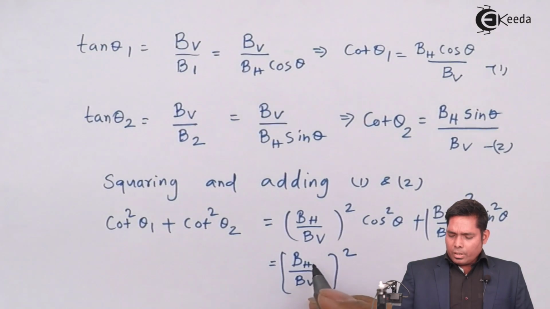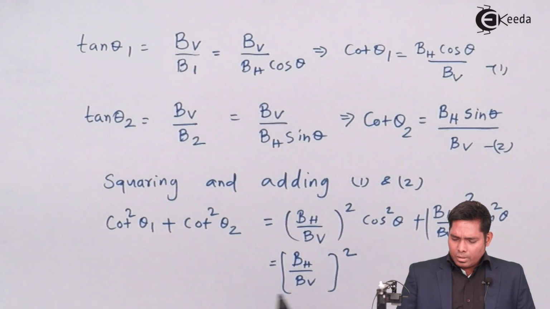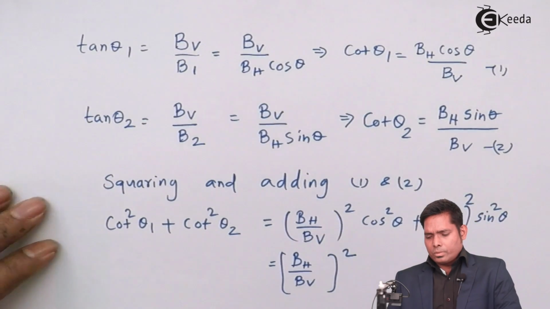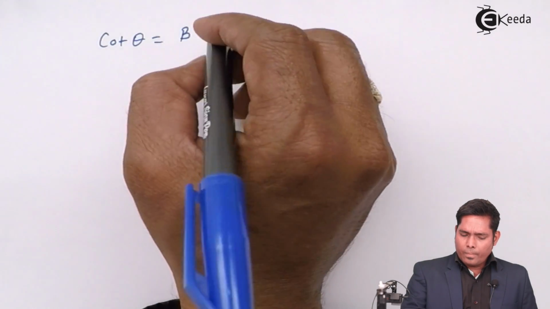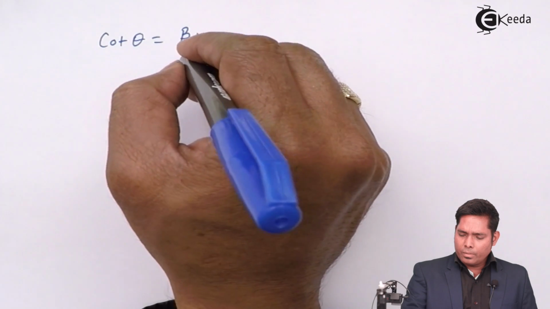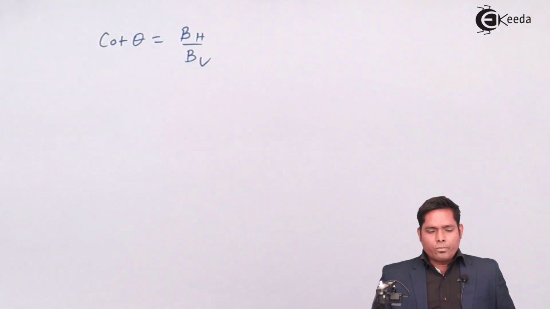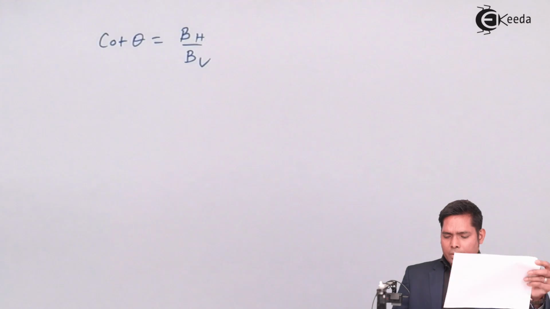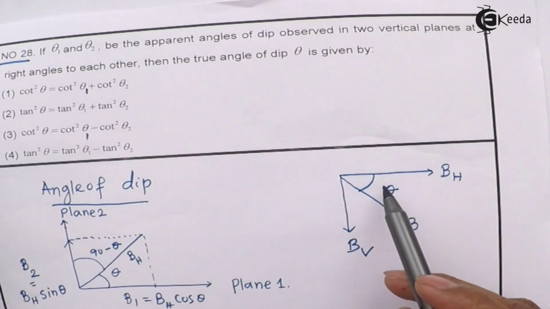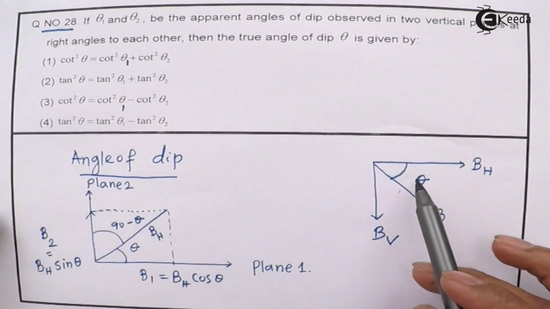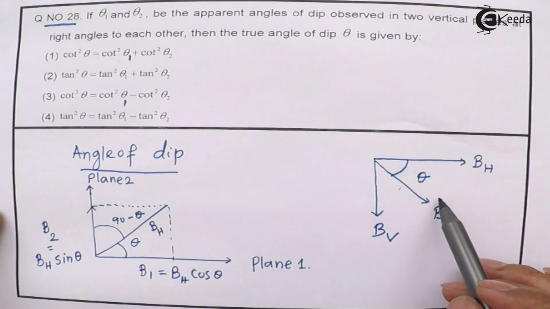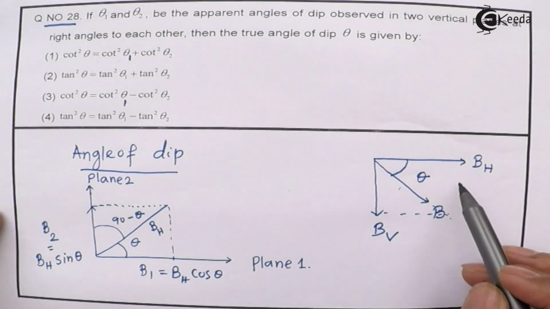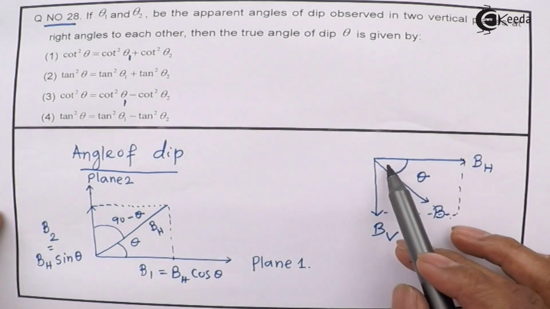Now BH upon BV is nothing but cot theta. What is cot theta? Cot theta is BH upon BV. If theta represents the true angle of dip, then you can take any triangle.